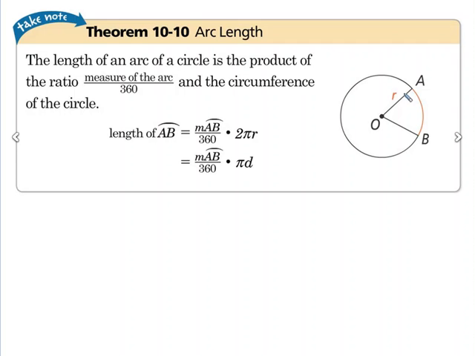The way I think of it is, remember that the measurement in degrees of an arc is the same as the measurement in degrees of the central angle. So in this diagram, for example, if this central angle were measured as 50 degrees, this arc is also measured as 50 degrees.